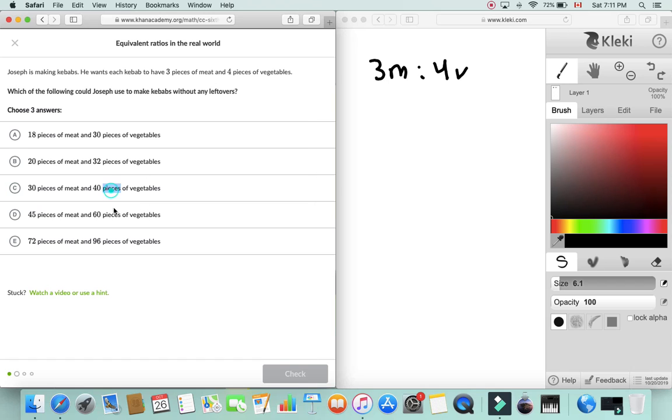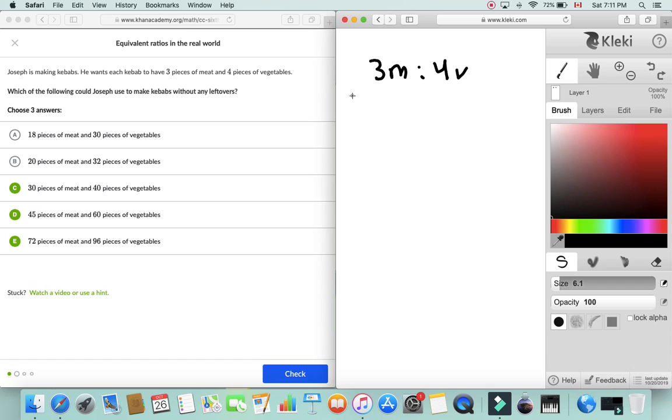So according to the thing that we need to choose 3, I would say it's these answers, but let's check them. 30 to 40. It works. 45 pieces. Well, yeah, we can do that. 3 times 15 is 45. So times 15 on both sides. 15. 60.